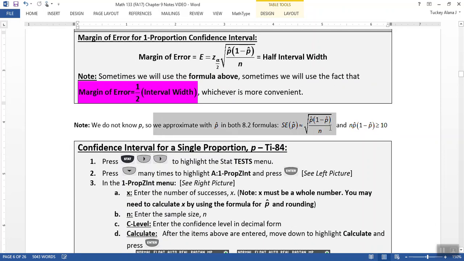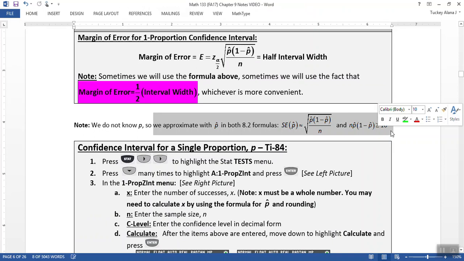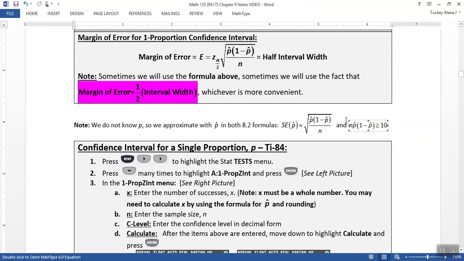Also just notice real quick, we learned this formula in section 8.2 and it's back, that the standard error of p hat is roughly the square root portion of that formula up above, that big square root of p hat times 1 minus p hat over n. Also remember that sometimes we have to use n times p times 1 minus p because we don't have what p was.